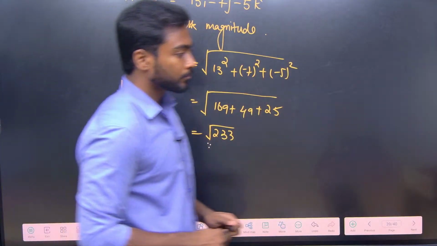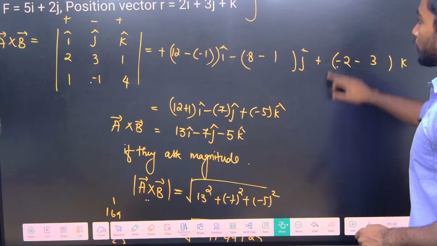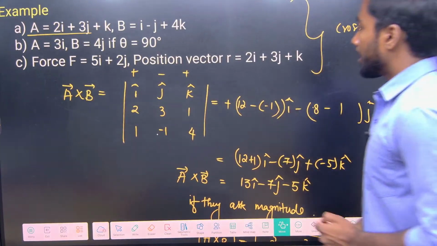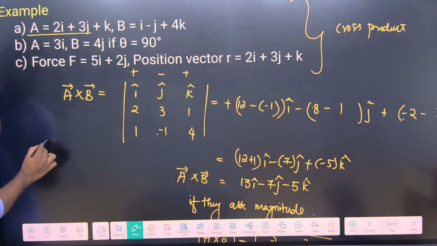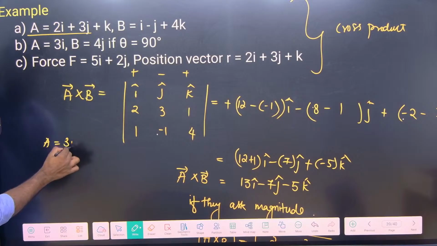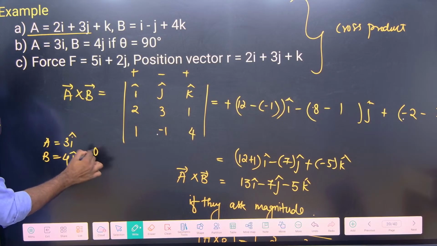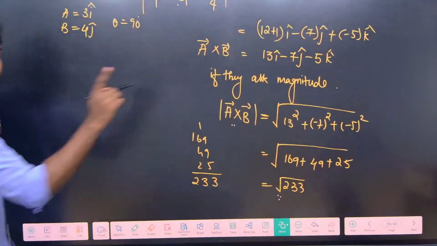Okay. The next question, if you see, 3i and 4j. A is equal to 3i, B is equal to 4j, and theta is equal to 90. So theta 90 means sin 90 is 1.